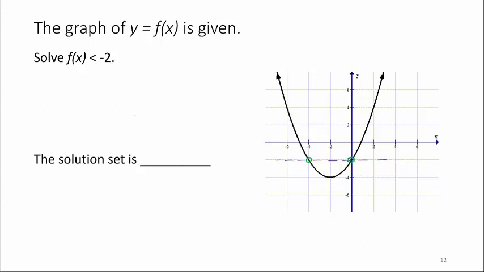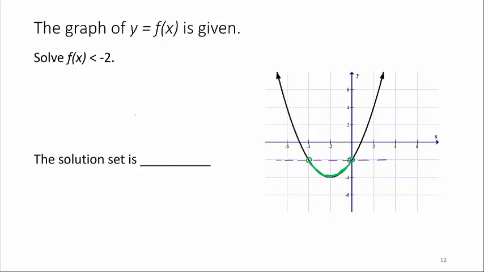I'm going to put open dots where the graph crosses the line y equals negative 2, because I have f of x strictly less than negative 2. If I had less than or equal to, I'd fill them in, but I don't want to include those points. I want to include everything below that line that's on the function, so I'm going to shade the function where it lies below that.